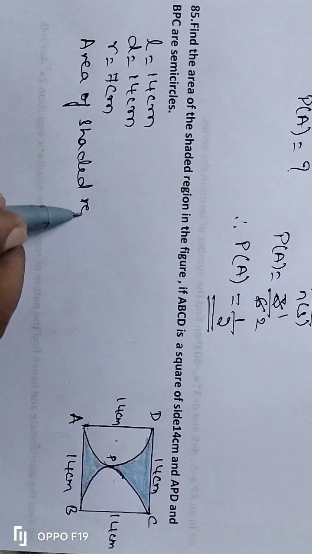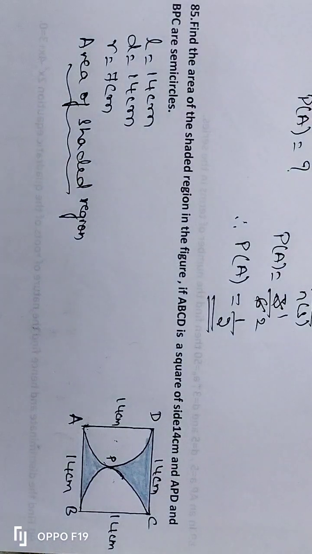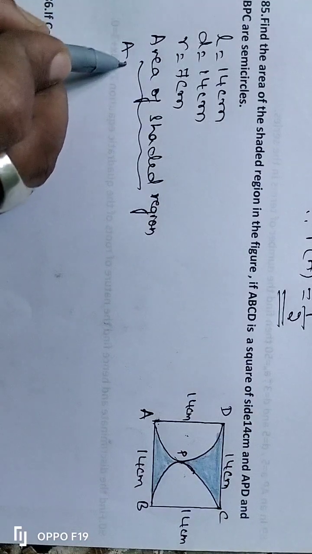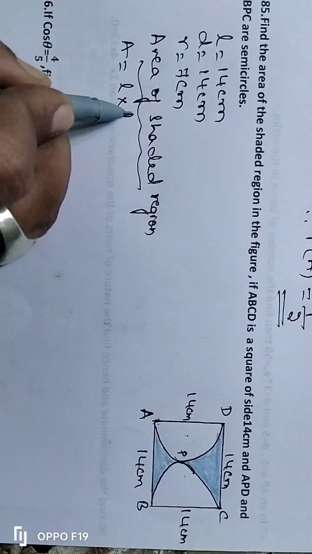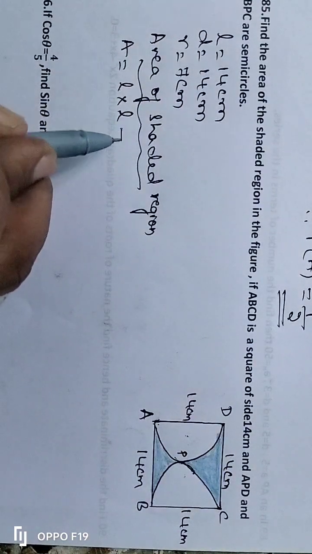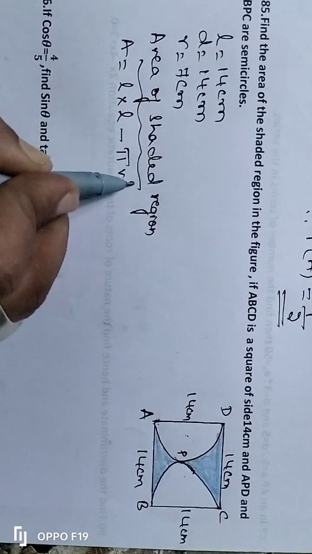So area of the shaded region. Let us find out the area of the shaded region. Area of the shaded region is equal to area of square, that is length into length, minus area of circle, pi r square.